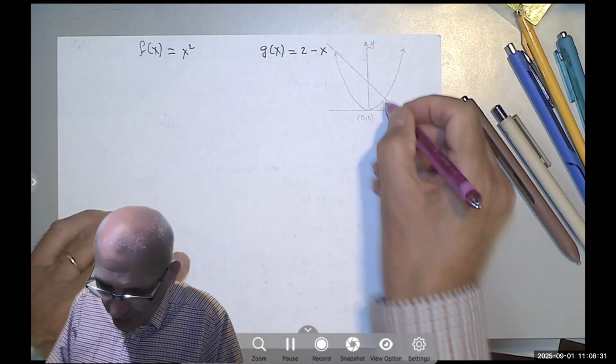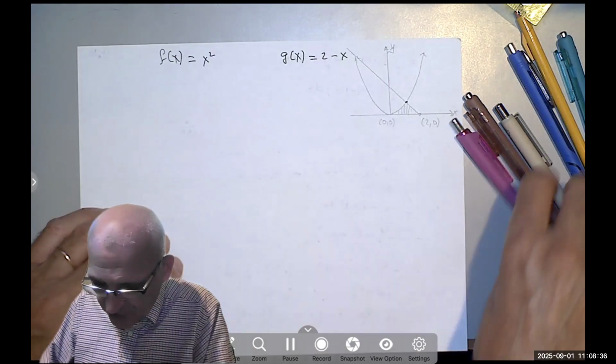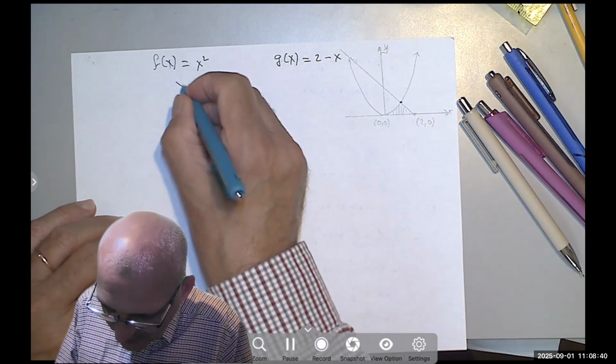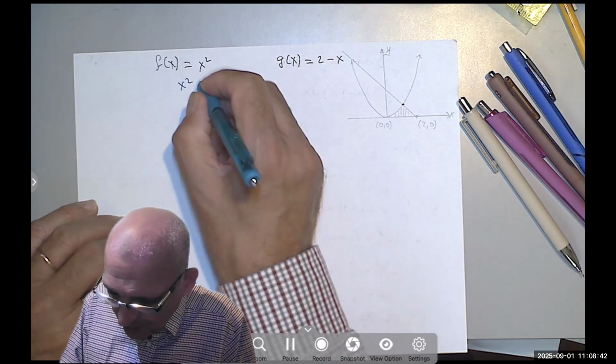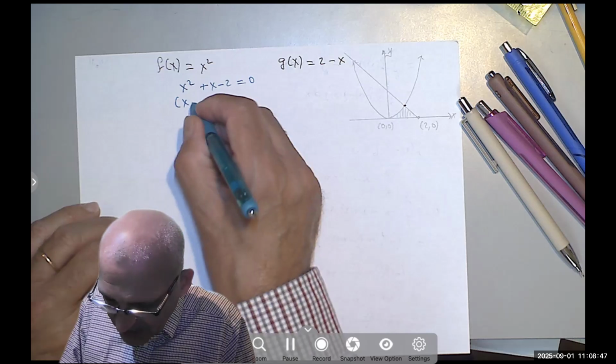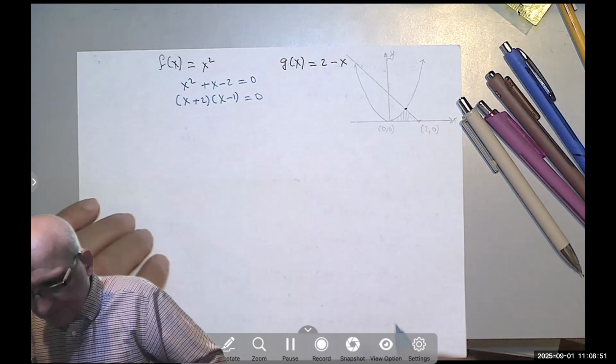In fact, there are 2 points, but I don't care about that one. I want this point of intersection. So I'm going to equate the two graphs. And when you do that, you will get x squared, move these to the other side, so plus x minus 2 equals 0. So you get x plus 2 times x minus 1 equals 0.